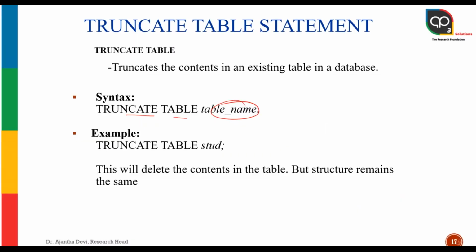And yes, dear friends, it's faster than delete, but there is no row by row logging, and it cannot be rolled back in most systems, and it resets the auto increment counter in some databases, of course in our MySQL also. Use it only when you want a fresh table without the overhead of dropping and recreating.